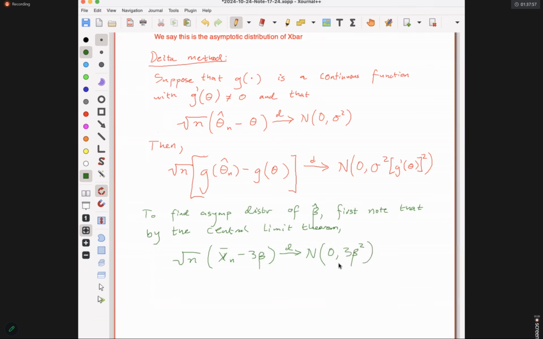So this is what we say about the asymptotic distribution of the sample mean. Now we want to work with, rather than just the sample mean, beta hat. And so now what do we do?